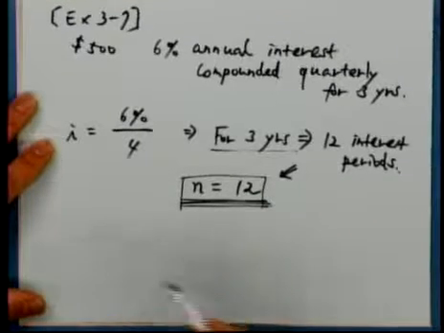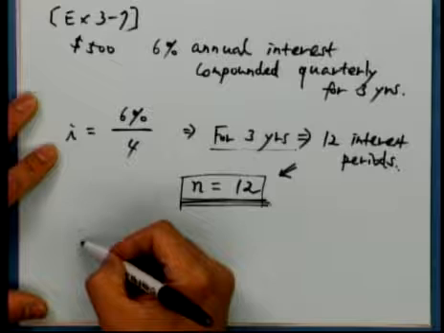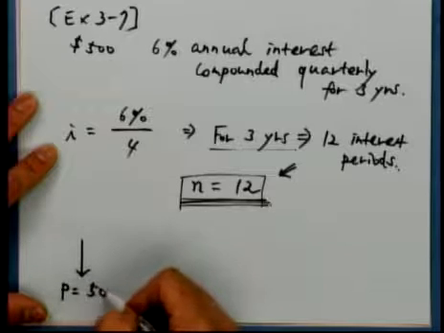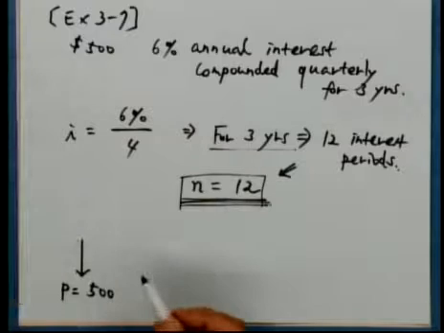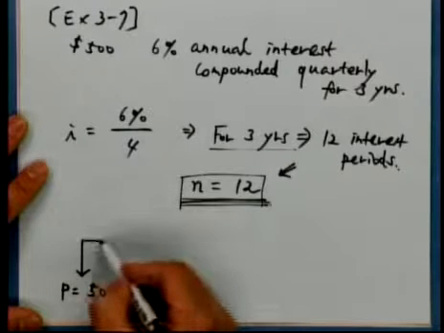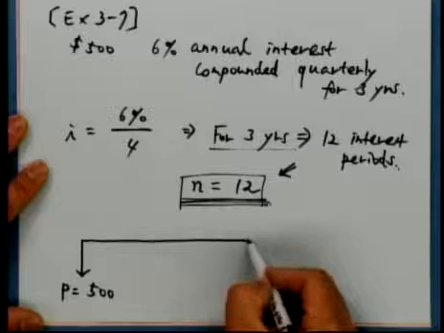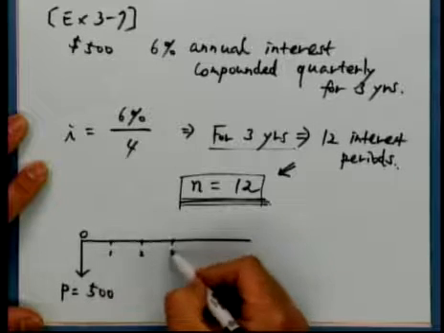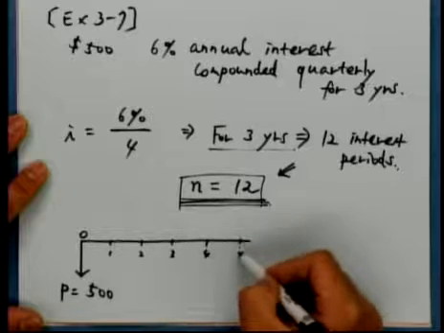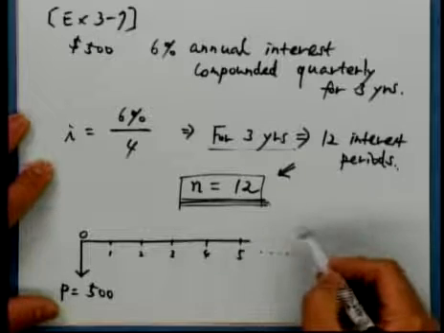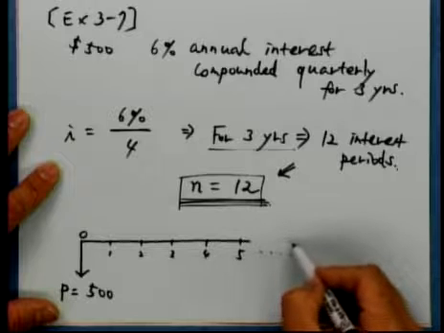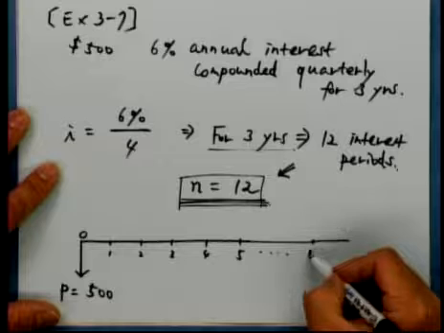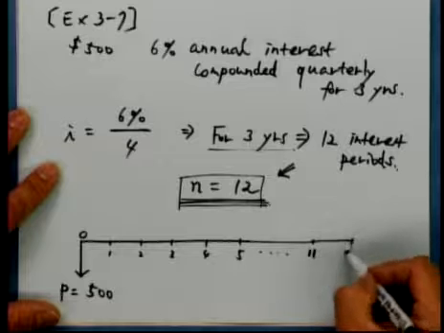So if you want to draw the cash flow diagram, it's going to be P equals 500, and 0, 1, 2, 3, 4, 5, and let's say this is 11, 12.